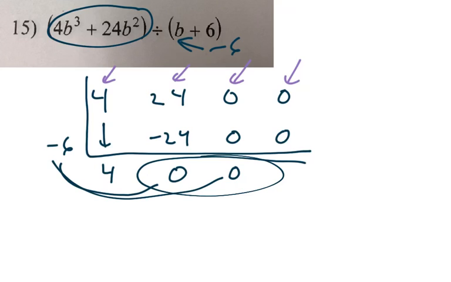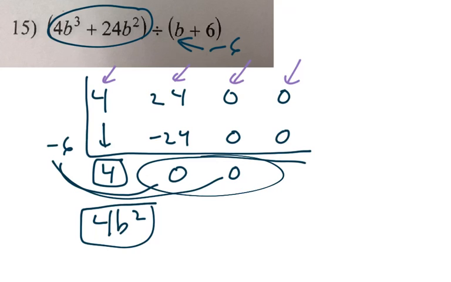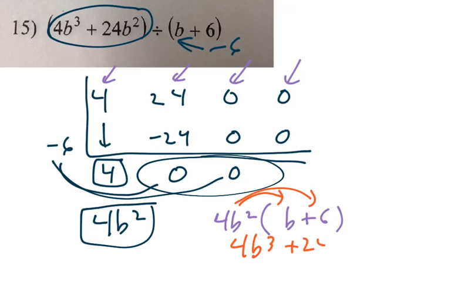So this 4 right here is our 4b squared. And so that's my answer. But also understand, if I took 4b squared times the b plus 6, check this out, I get 4b cubed plus 24b squared, which is exactly what we started with again.